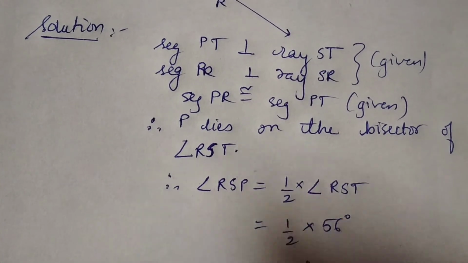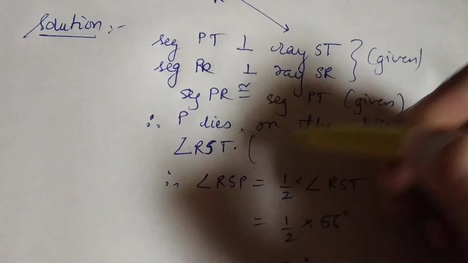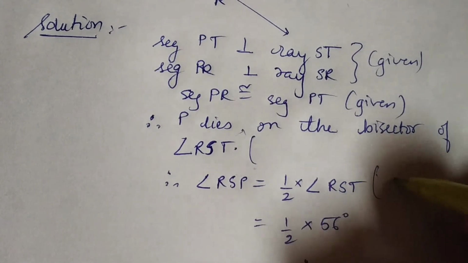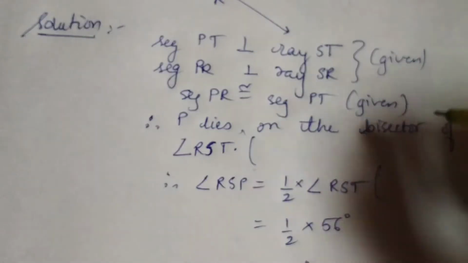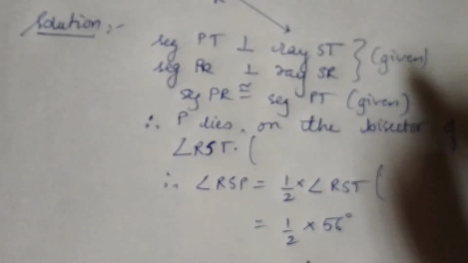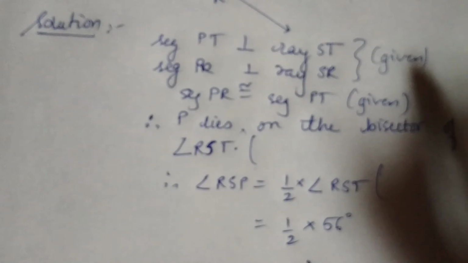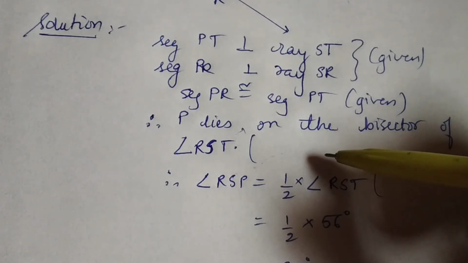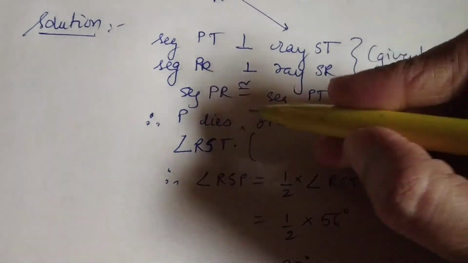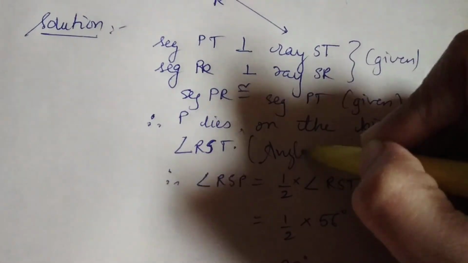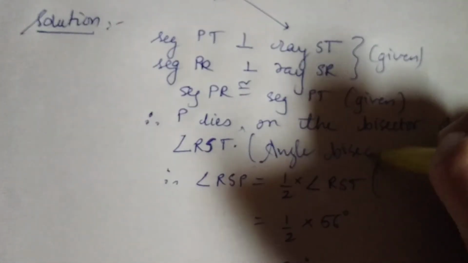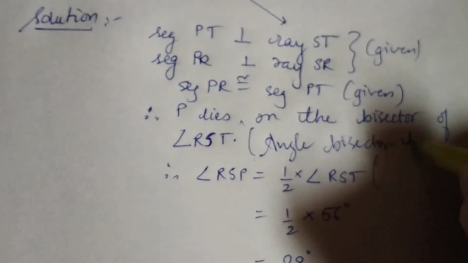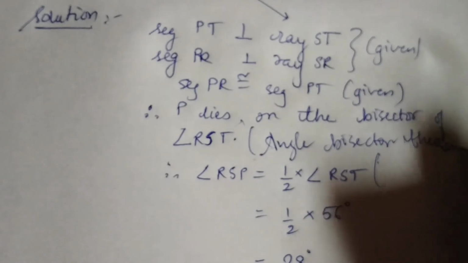One more thing here, children, we have to mention that we first show that P lies on the bisector of angle RST, and therefore we will say this is according to the angle bisector theorem.